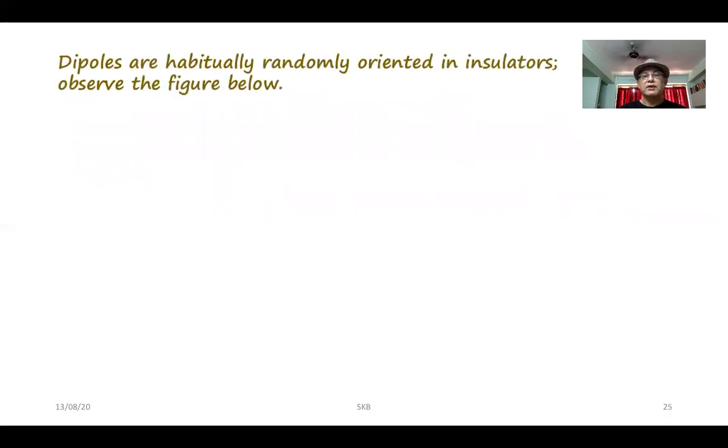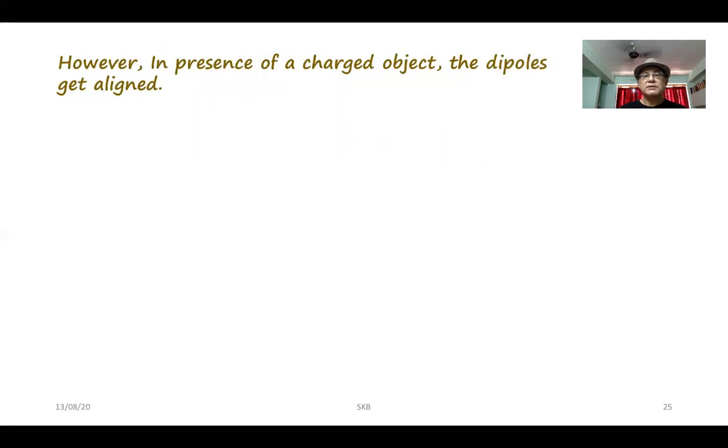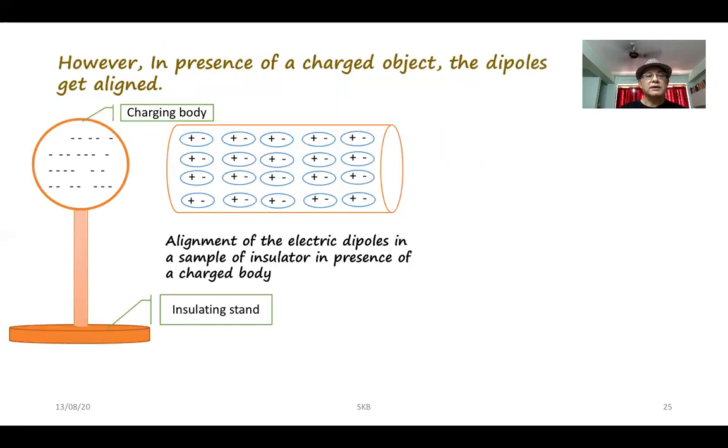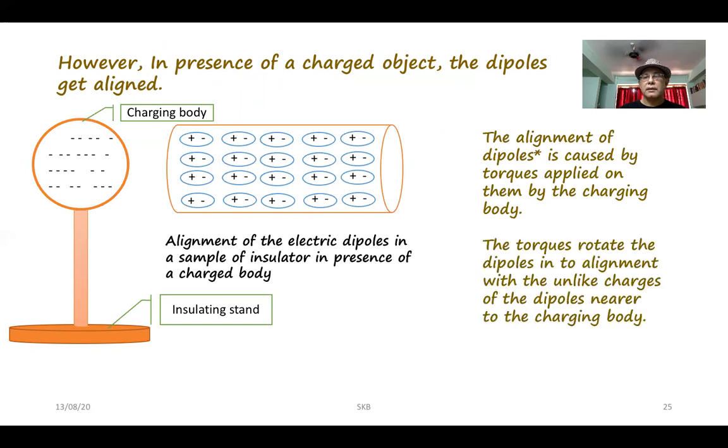Dipoles are habitually randomly oriented in insulators. Observe the figure below. However, in presence of a charged object, the dipoles get aligned. The alignment of dipoles is caused by torques applied on them by the charging body. The torques rotate the dipoles into alignment with the unlike charges of the dipoles nearer to the charging body.